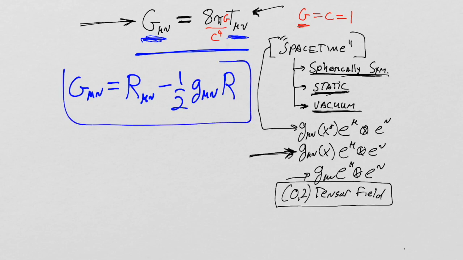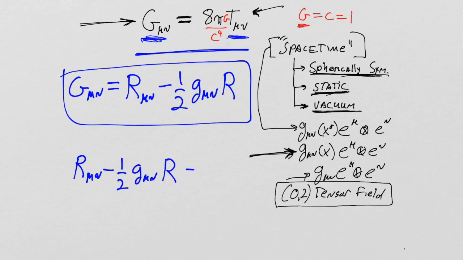This is the definition of the Einstein tensor. So right now we can rewrite the Einstein equation without any trouble by writing this curvature tensor minus 1/2 g mu nu R equals 8 pi T mu nu.